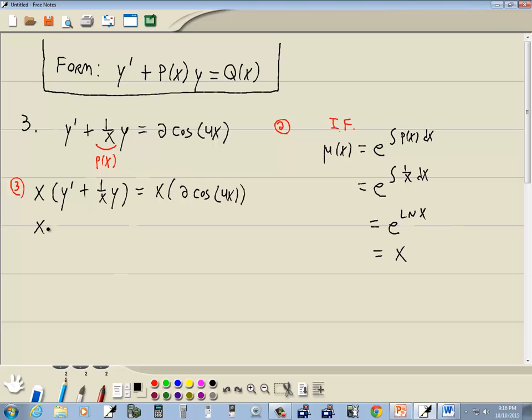So over here that gives us x y prime plus x times 1 over x cancels and just gives us y. But actually, more than that, it just gives us 1y. So keep that in mind. And then over here, if I multiply those through, I got 2x cosine of 4x.